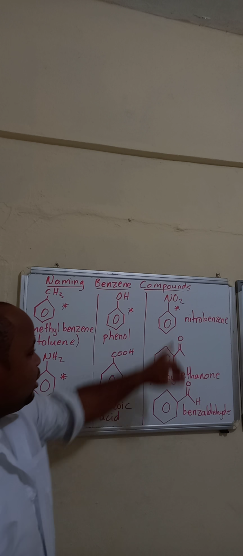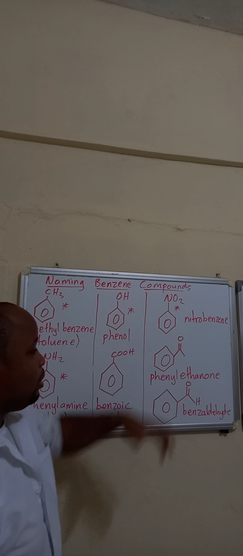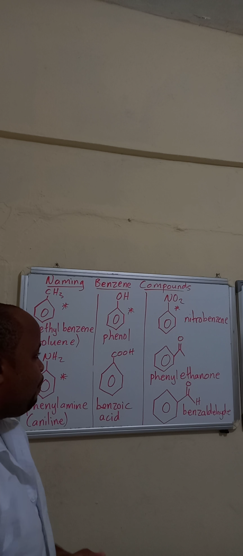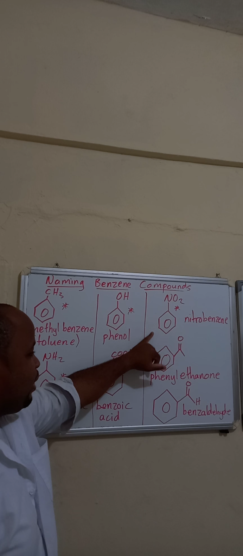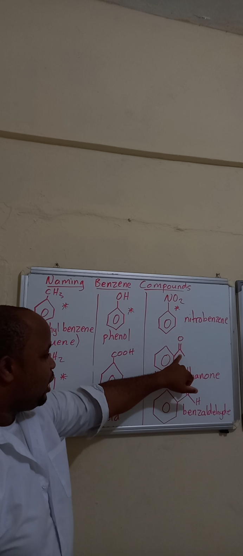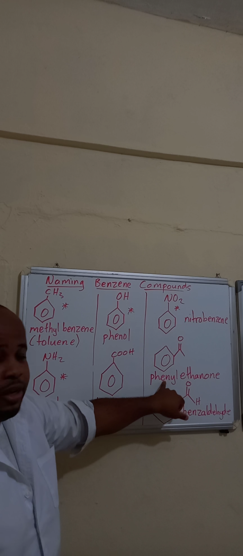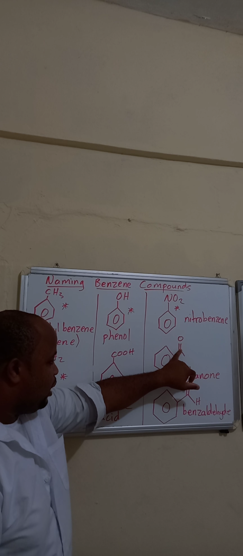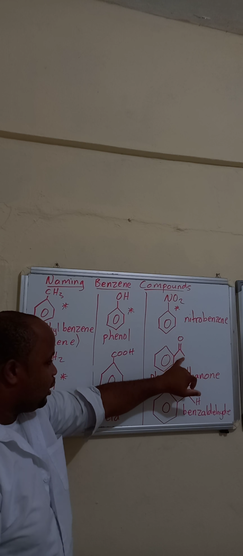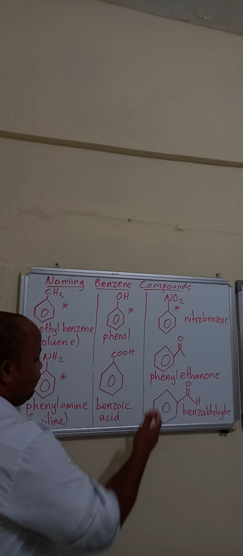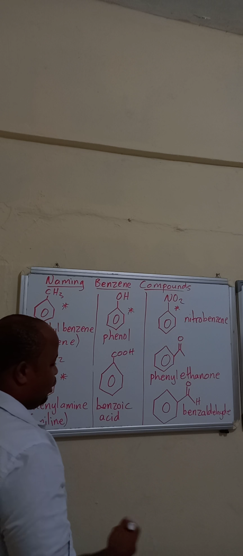Alright? And this one, the NO2 group, that's the nitro group. So we say nitrobenzene. This one is a ketone. Again, here the name changes to phenyl. The ketone portion is 2 carbons, so we say phenylethanone. Alright?